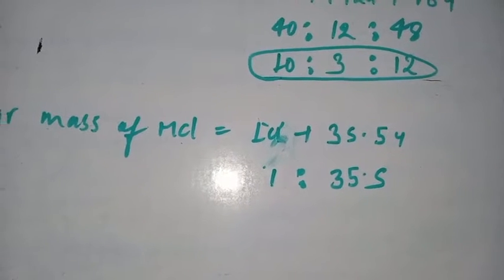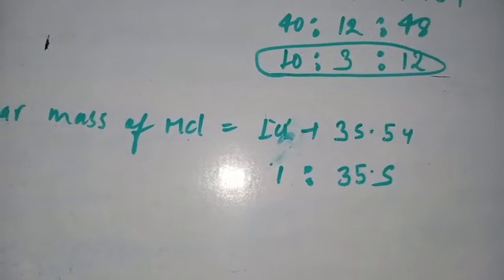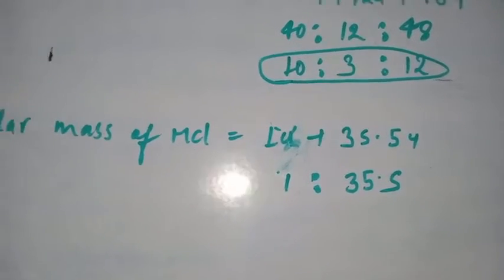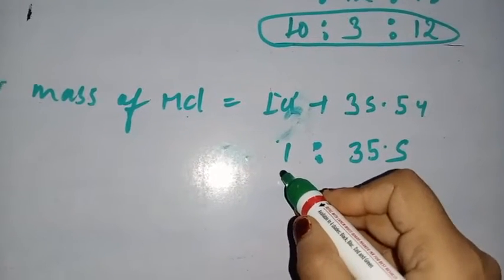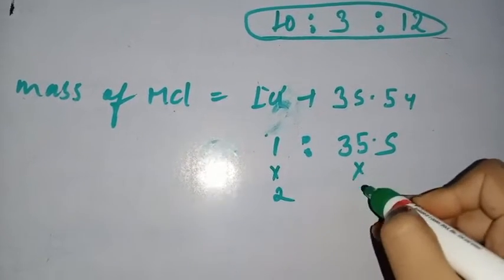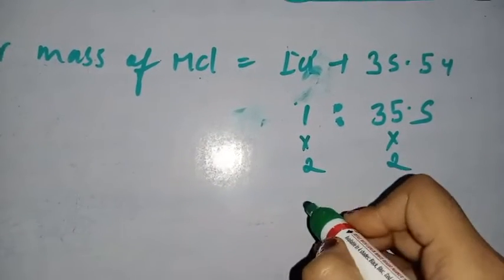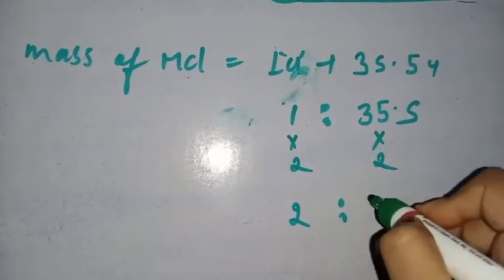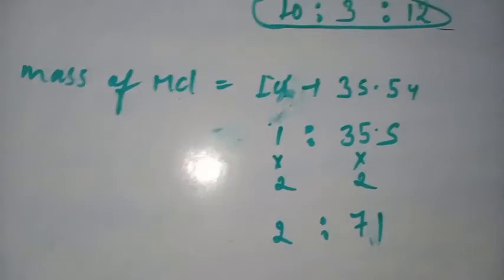But if you want it in whole numbers, you can multiply both the things with 2. If you multiply both with 2, you will get 2 is to how much? 71.